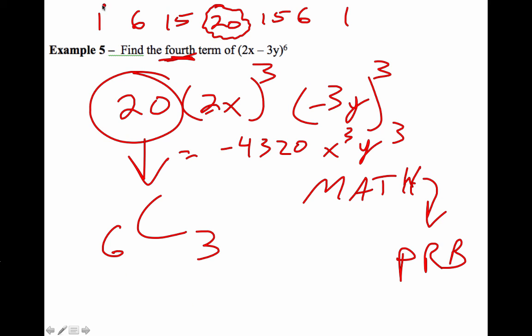I like to say it's going to be the same as the second exponent, because it goes to the 0 to the 1 to the 2 to the 3. And if you put this into your calculator, you get 20, and that's the coefficient, and then you just have to do your countdown for the other.